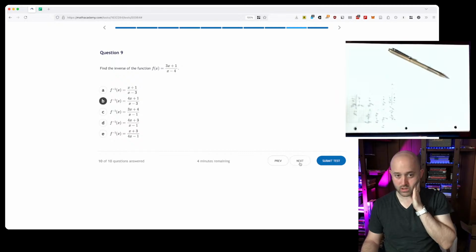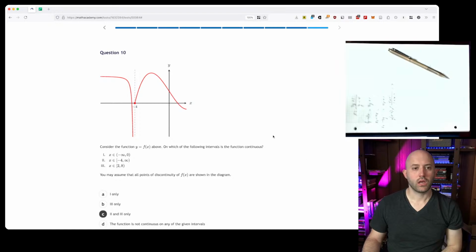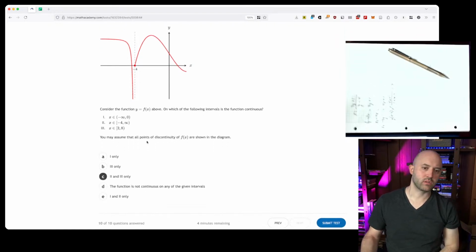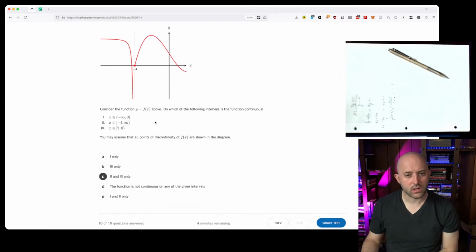Plus 4, plus 1. Okay. And the last one. Just double check. Intervals are continuous.